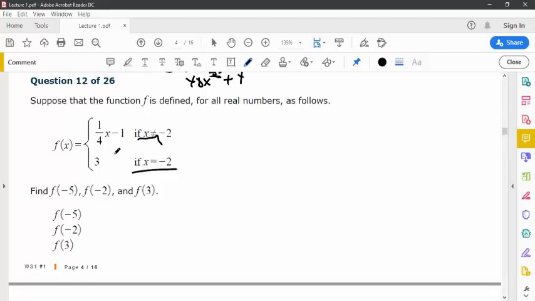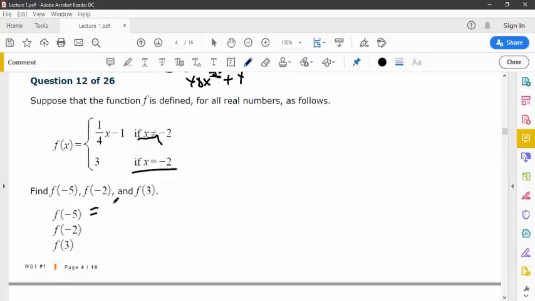So it says first evaluate f of -5 given this piecewise function. So we come to the restrictions. Since -5 represents x, it doesn't equal -2. -5 doesn't equal -2. So we have to plug it in to the 1/4 x minus 1.